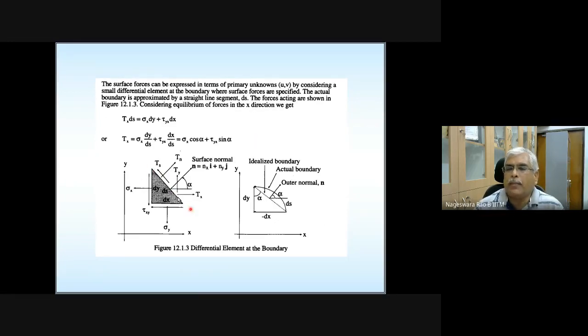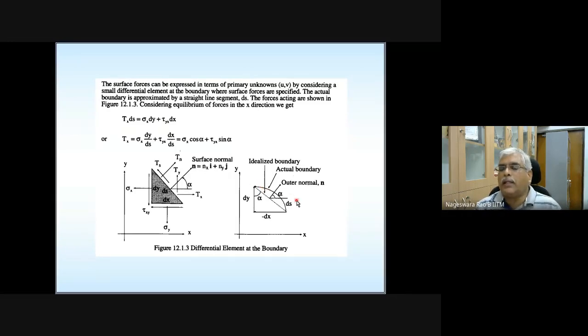I have an inclined plane like this, a wedge is shown here, and x and y axis of this. First of all, where do you get this? Suppose you have a boundary, an element boundary, and you are solving a problem.